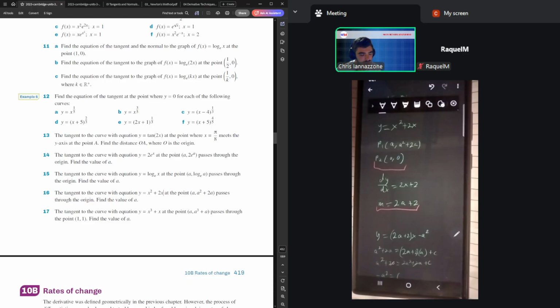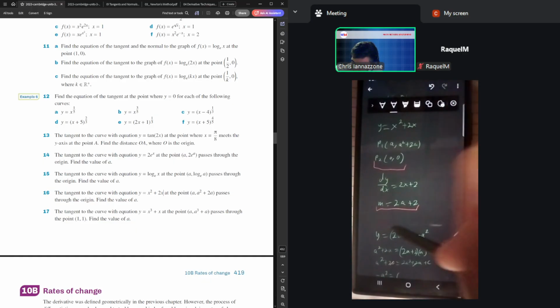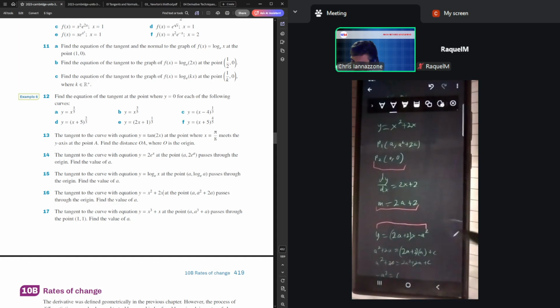There's actually a couple of methods I can think of that'll get us there. Reminder that this is the tangent line, the thing that has to go through the origin. I'm not sure.